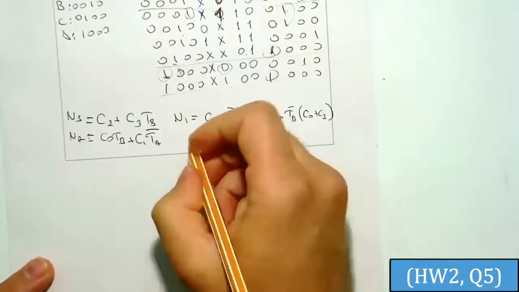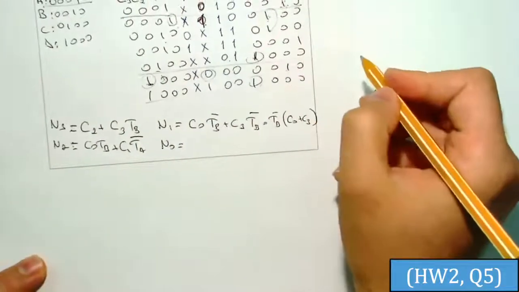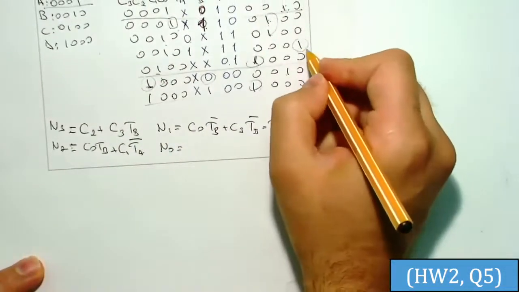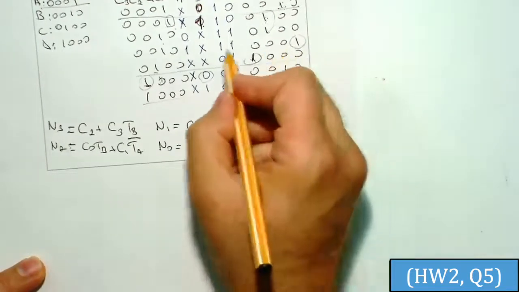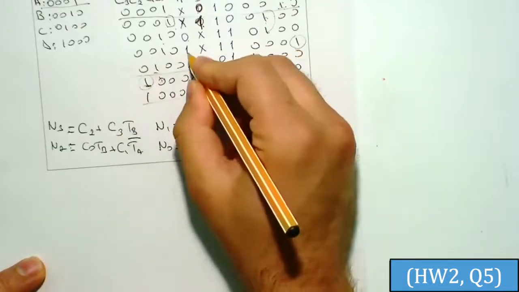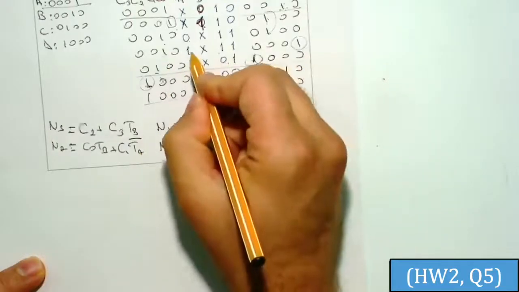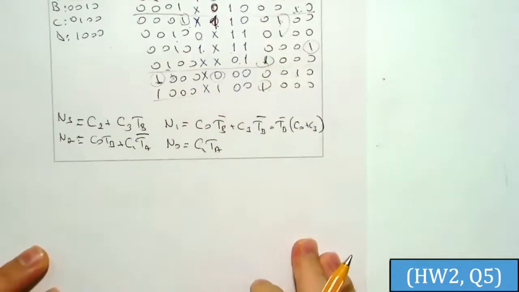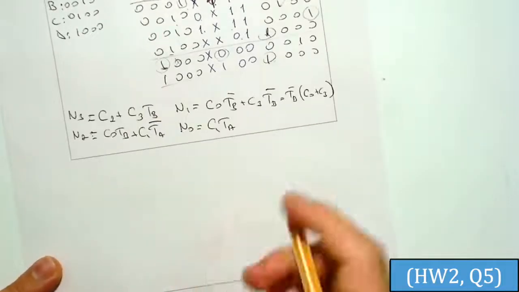Okay. For the next N0, I have 1 here, and that's it, I guess. So this means that C1 is 1 and also TA is 1, right? Yes. Okay. So these are the equations for the next state logic.